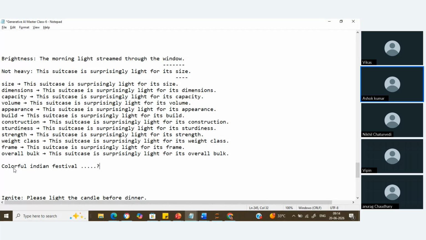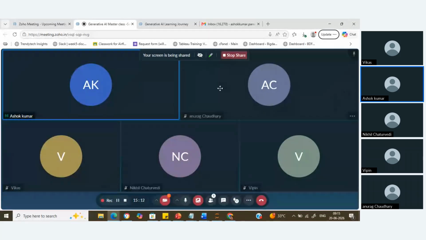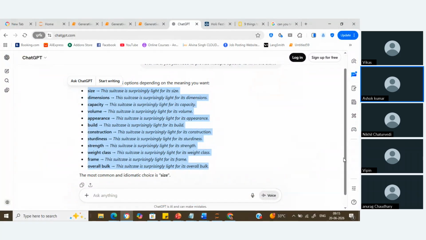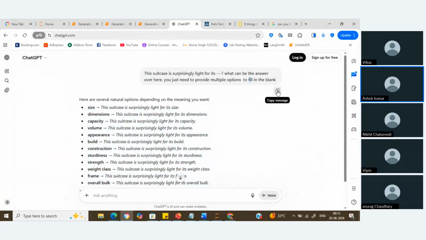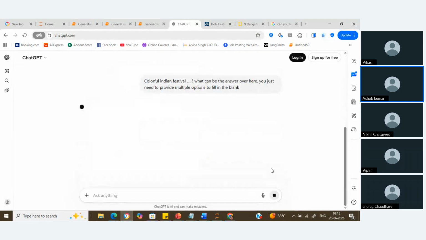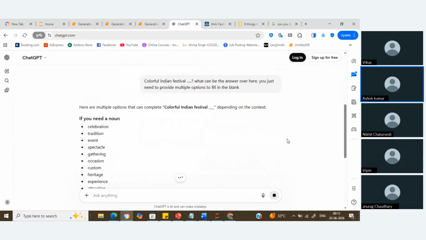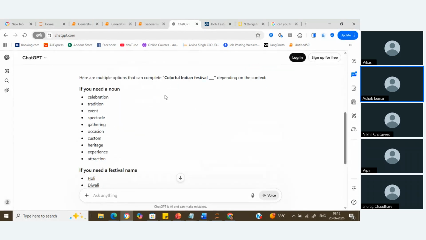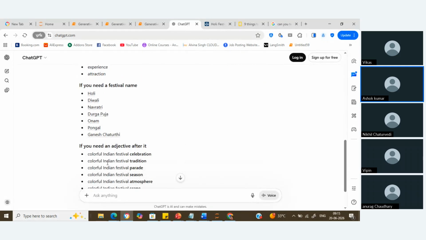I'm going to ask this to ChatGPT and repeat the question, editing it to ask what the best answer can be. Just have a look, it provides me different options. Even I am not able to think of all of them. If we need a noun, then these are the options. If you need the festival name, these are the festival names.